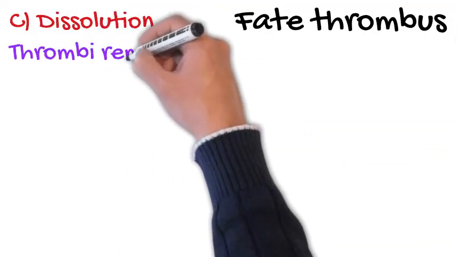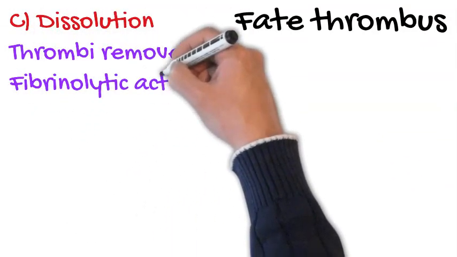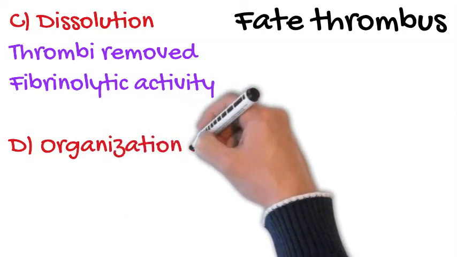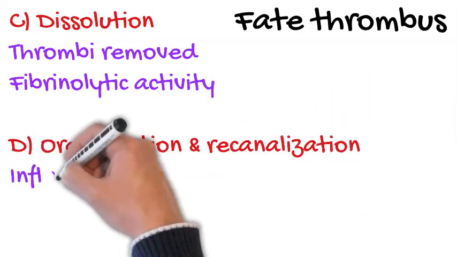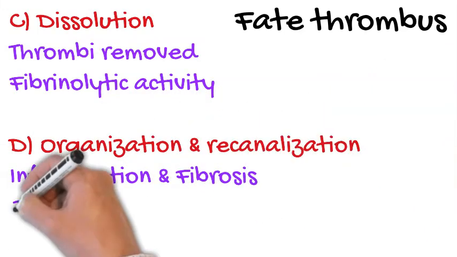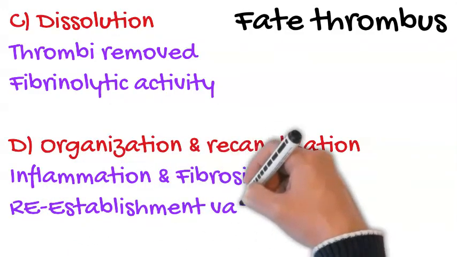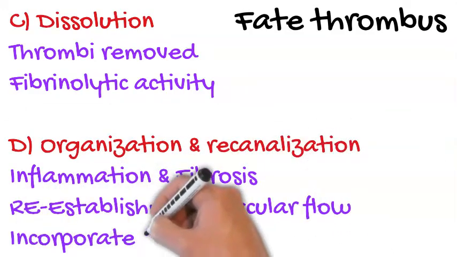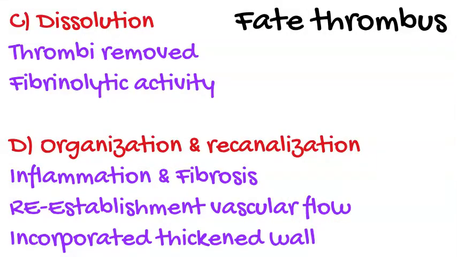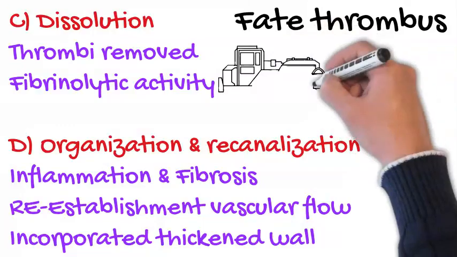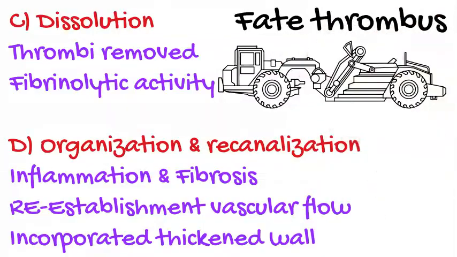And lastly, organization and recanalization. Inflammation and fibrosis occur, and the thrombus becomes organized. Recanalization happens whereby there is establishment of vascular flow, incorporated into the thick vascular wall.